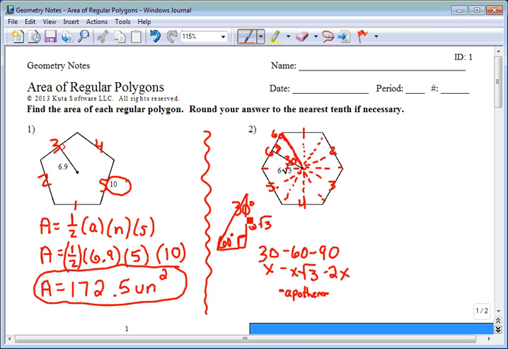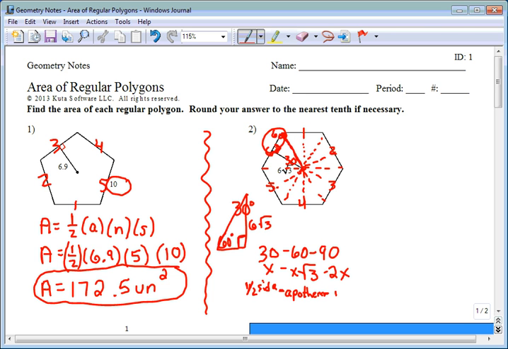Across from my 30-degree angle, let's see what I have. Across from my 30, just this little piece here. If you look closely, that's only half of a side. So if I have this number, I have to multiply by 2 to get a side length. It's only half of a side. And then across from my 90 degree, I'm going from the center to a vertex.